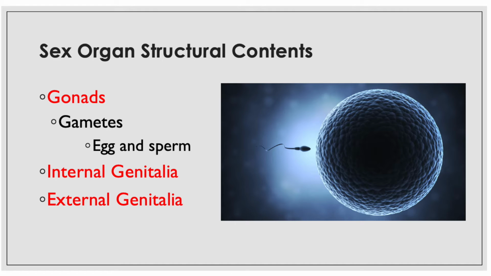The gonads are the organs that produce the gametes, which are the eggs and sperm that will come together to form new individuals. The internal genitalia are comprised of accessory glands and the ducts that connect the gonads with the outside environment. Lastly, the external genitalia include all of the external reproductive structures.